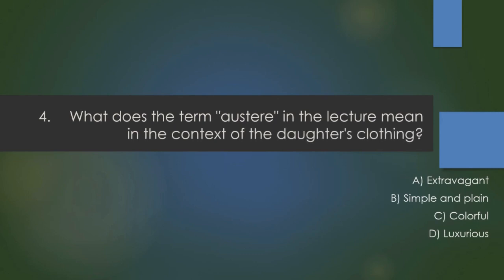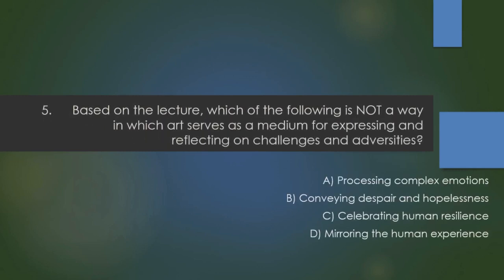What does the term austere in the lecture mean in the context of the daughter's clothing? Five. Based on the lecture, which of the following is not a way in which art serves as a medium for expressing and reflecting on challenges and adversities?